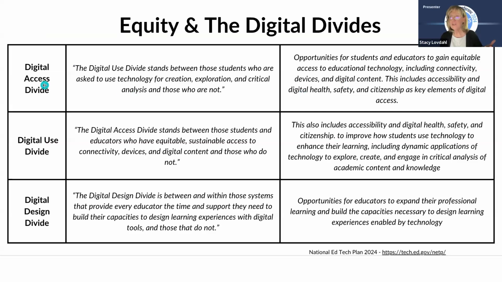So we know we have the digital access divide, that we have digital use divides, and that this digital design divide is something that the National Ed Tech Plan has talked a lot about, where we give teachers time to work together to design lessons and units that adequately help students integrate AI and digital tools in general in an effective way.